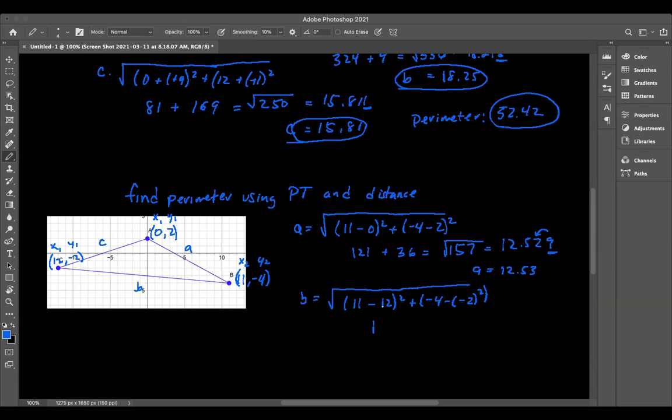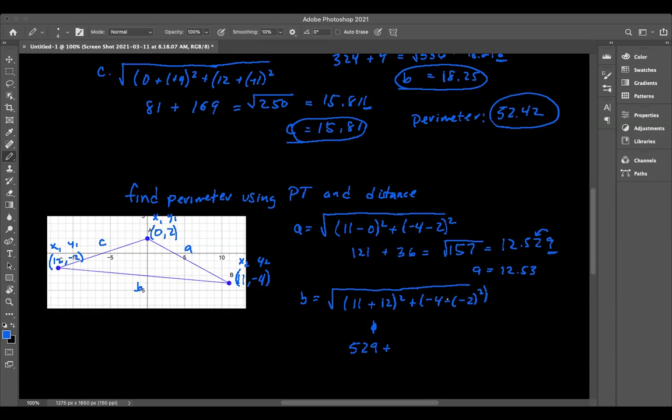Actually, sorry, check that. That's plus because it's negative and negative, so that's 23. 23 squared, I apologize for that, is 529.